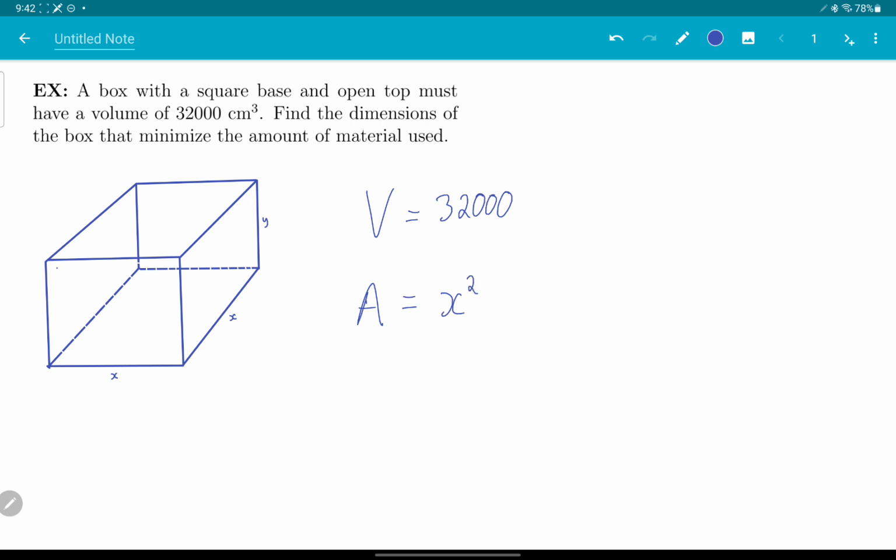And then I got the 4 faces. So like this face here would be xy, and there are 4 of those, so I put a 4 there. Okay, so area is x squared for the base, and then the 4 sides of the box.